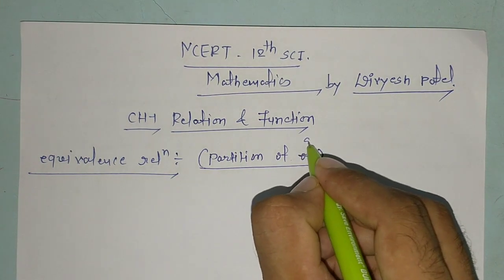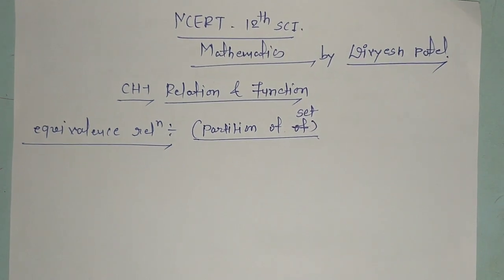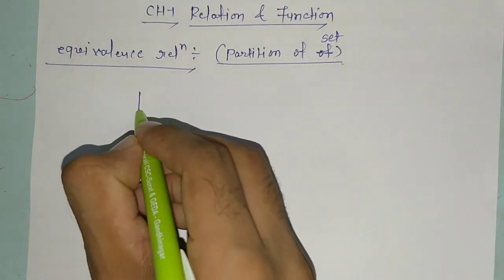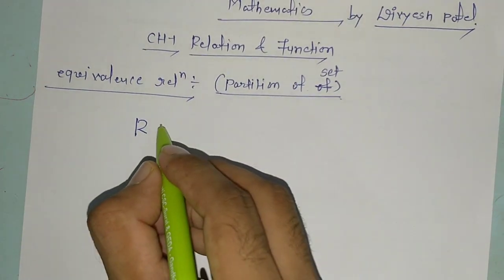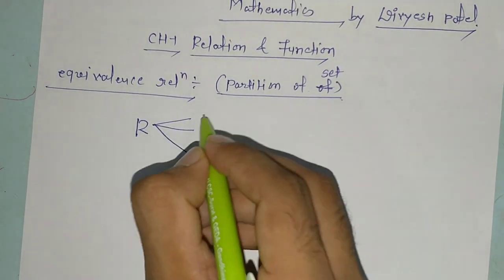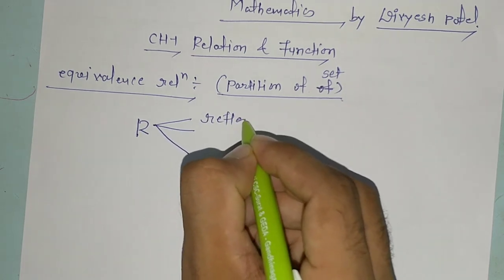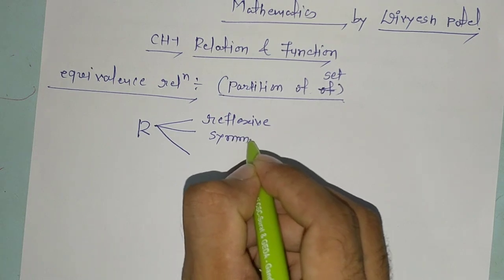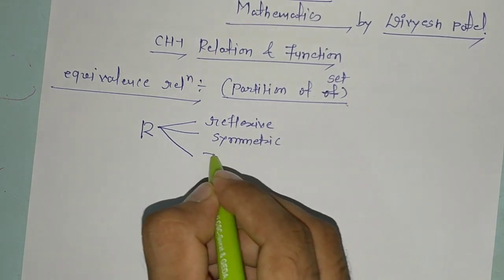Partition of set. Okay, so first we again introduce the definition of equivalence relation. A relation R is said to be equivalence if it is reflexive, symmetric and transitive.